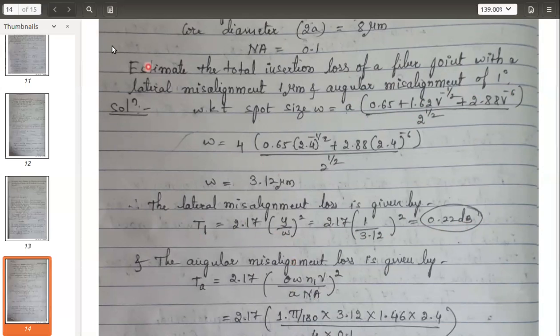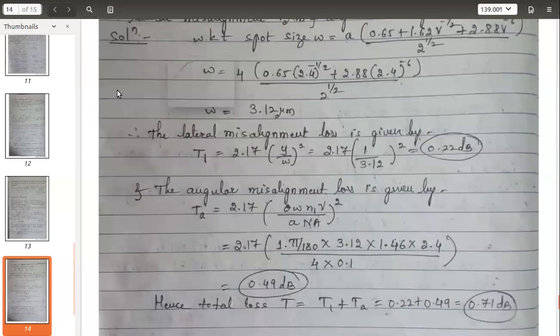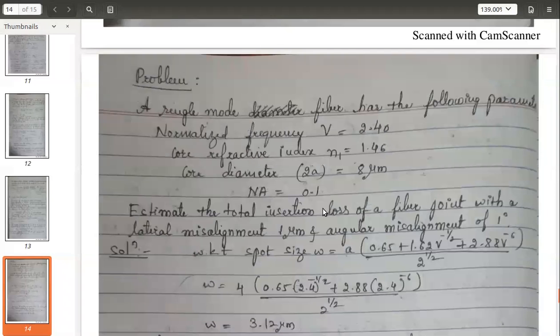And for angular misalignment, substitute the values: 2.17 theta n1 V a n a omega. Omega, we have just got 3.12 micrometer. Omega is in micrometers, and the core radius is also in micrometers.